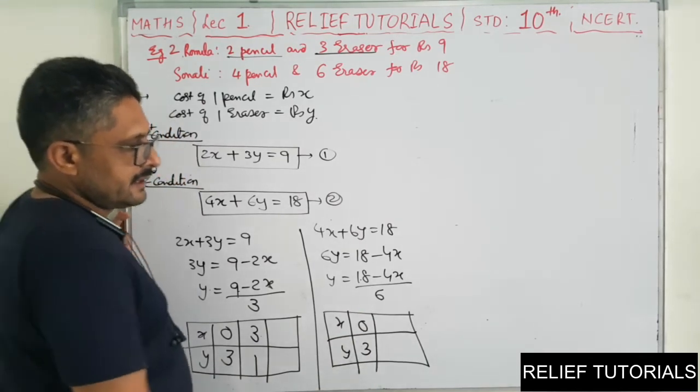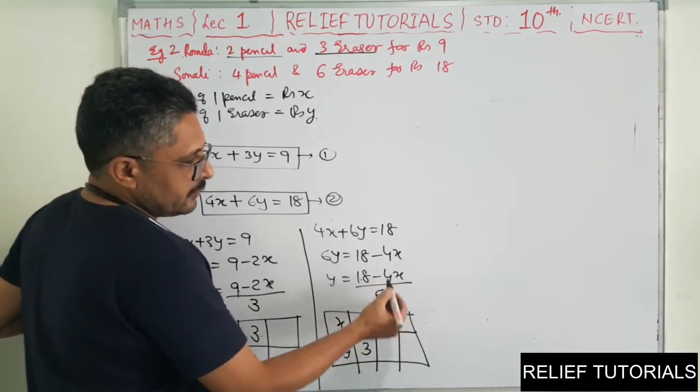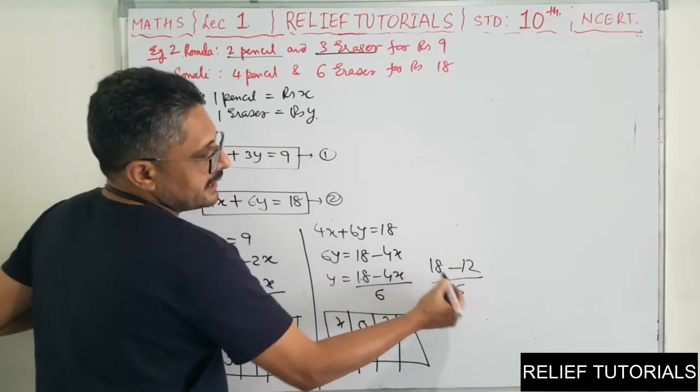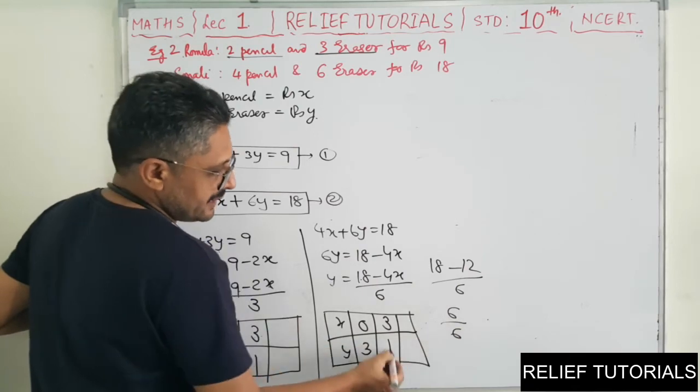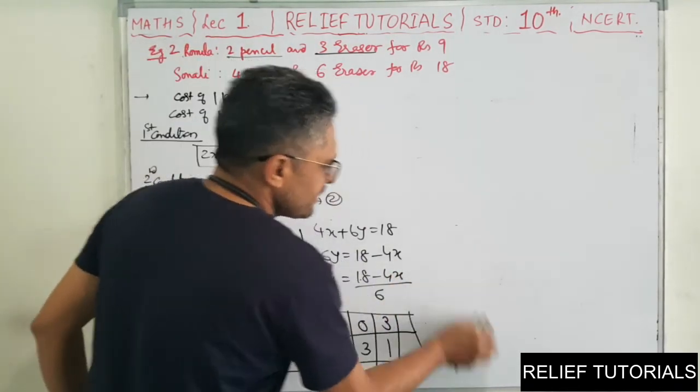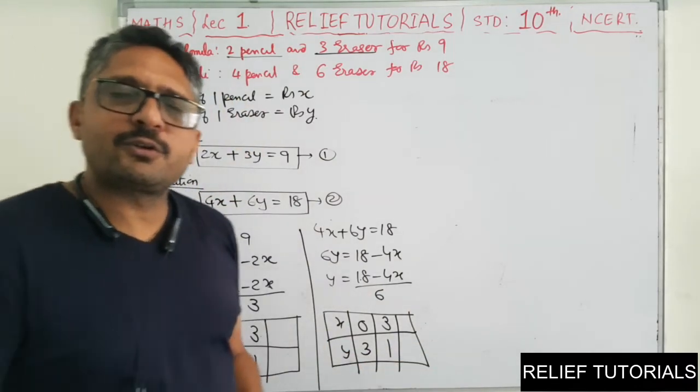Clear, friends? Now you suppose x is 3. 4 3s are 12. So 18 minus 12, 6 by 6, you get 1. Same point, you get nothing else. Same variable you suppose. Okay, now we'll draw the graph.